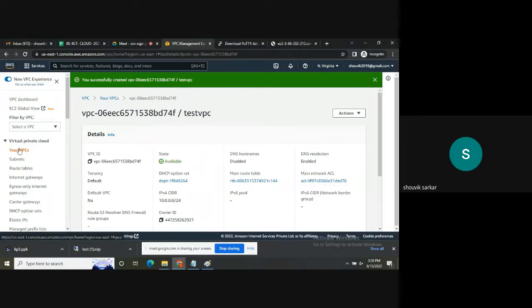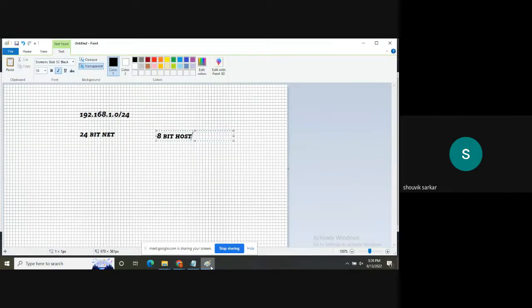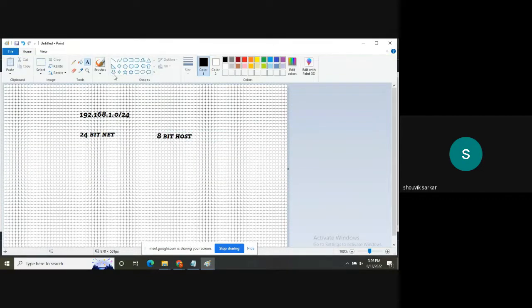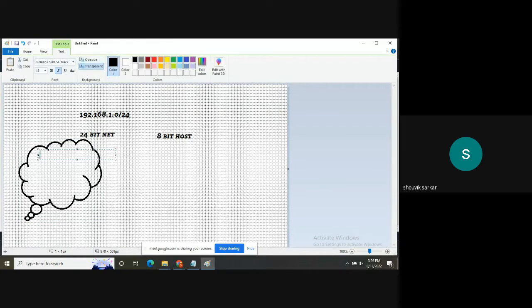So we already created this VPC. VPC means virtual private cloud. We have a cloud space with an IP address like 10.0.0.0/24.